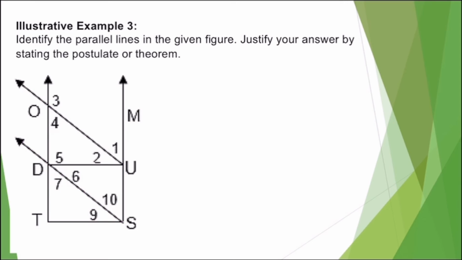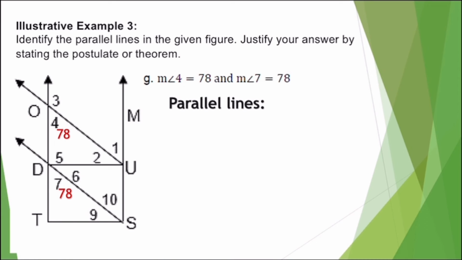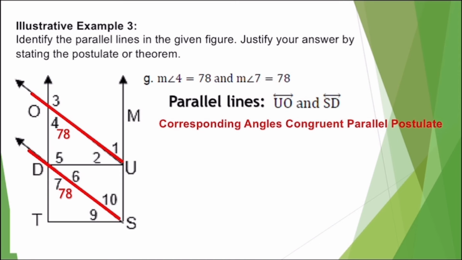Next condition, if the degree measure of angle 4 is equal to 78 and the degree measure of angle 7 is equal to 78, the parallel lines here are line UO and line SD. The postulate is the corresponding angles congruent parallel postulate, or the CACP postulate.